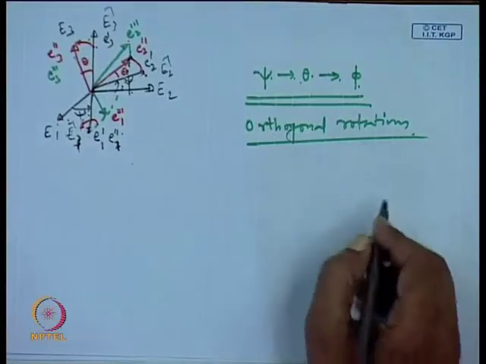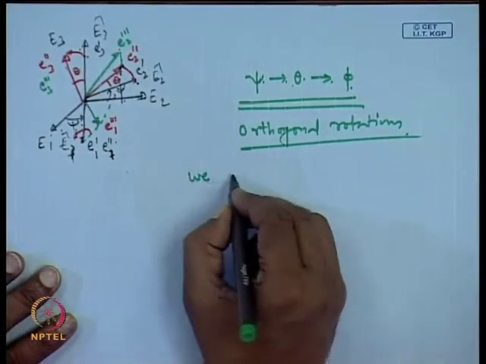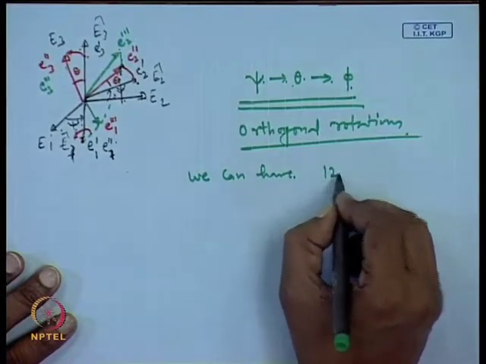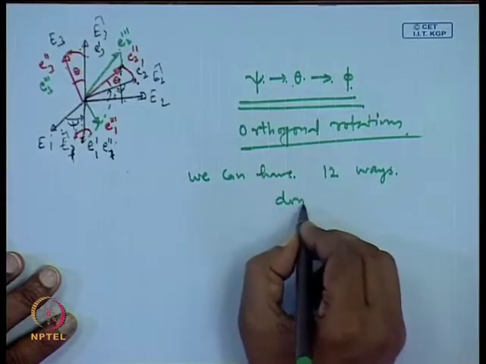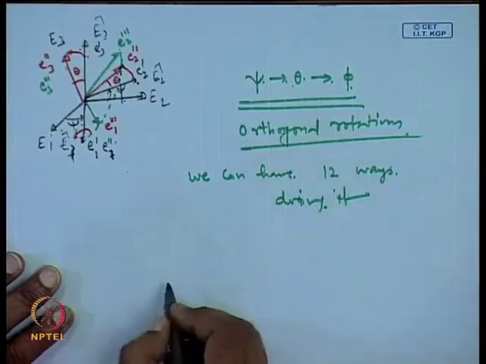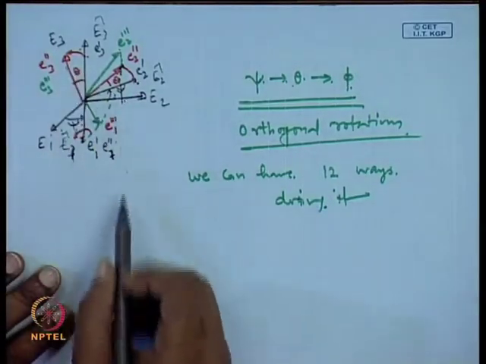So, for orienting a body in the inertial reference frame, we can have 12 ways of doing it. Okay. So, the first rotation I can choose among any of the 3 axes.